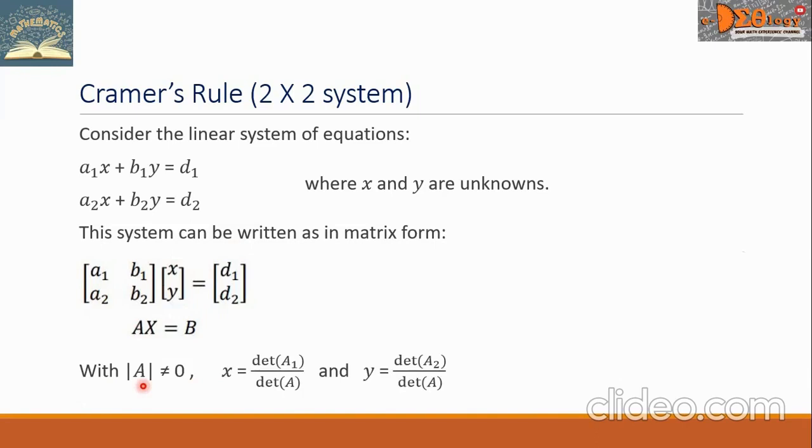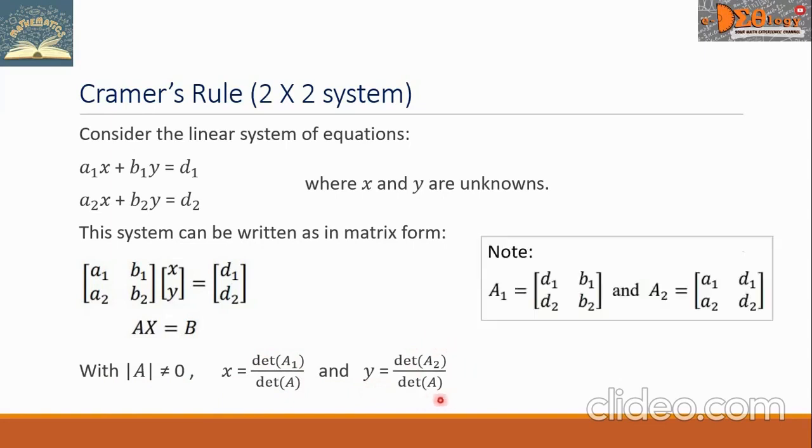With determinant of A not equal to 0, we have now this formula to get the values of the unknowns. For the x, this is equal to determinant of A sub 1 over determinant of A. And the variable y is equal to determinant of A sub 2 over determinant of A. Remember, the matrix A sub 1 is equal to d sub 1, b sub 1, d sub 2, b sub 2.